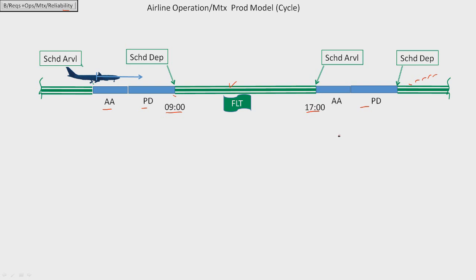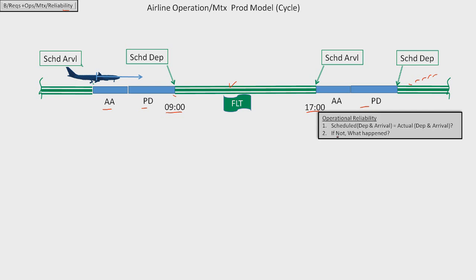From the practical side, operation reliability helps us understand if scheduled departure and scheduled arrival equal actual departure and actual arrival. And if not, then what happened?